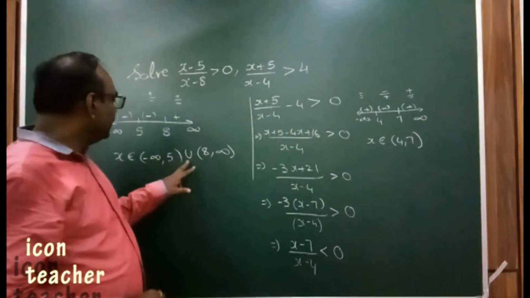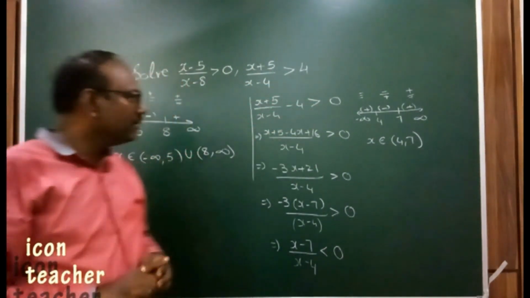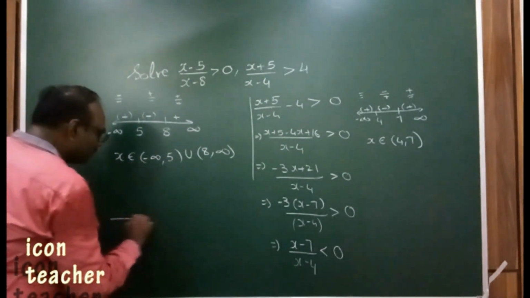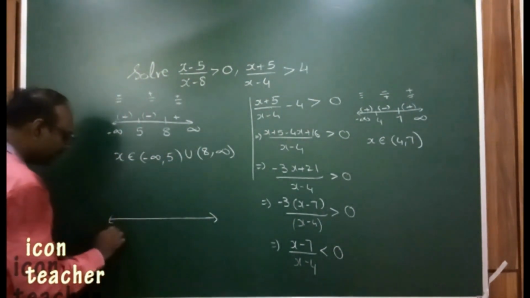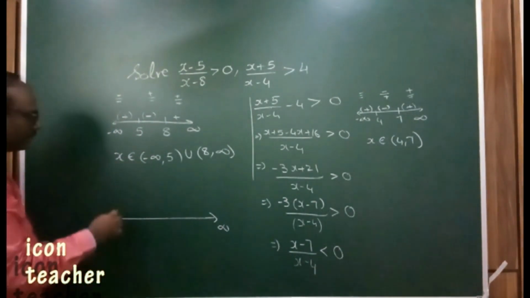Now after obtaining the solutions for the first and second inequalities, we have to find the common solution to both the inequalities. So we draw a number line from minus infinity to infinity and represent both the solutions on it.